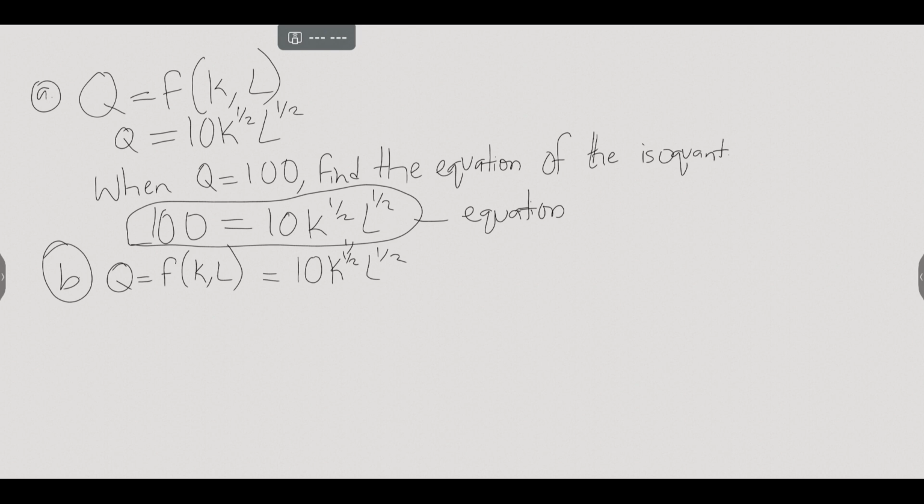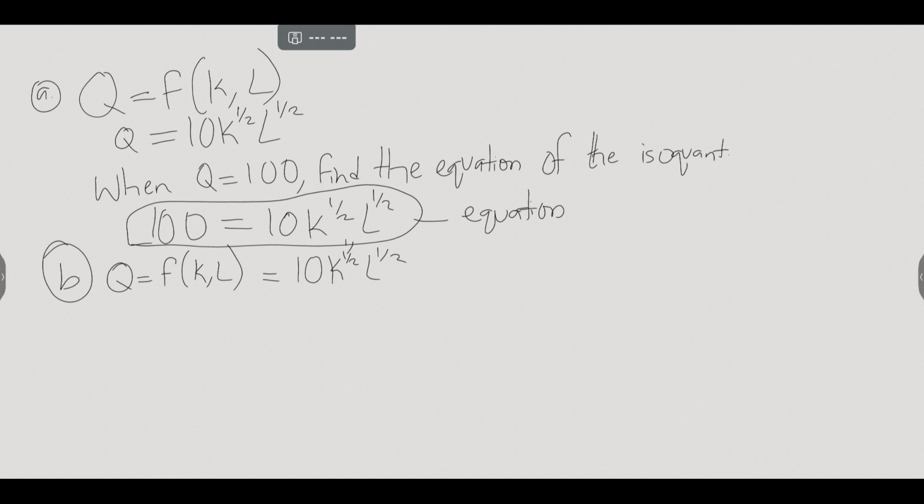So when q is 100, the equation just puts 100 where q is: 100 equals 10k raised to power half l raised to power half. That's the equation, as simple as that. So what I was solving was the second part. So I'll go again, still with the same question.